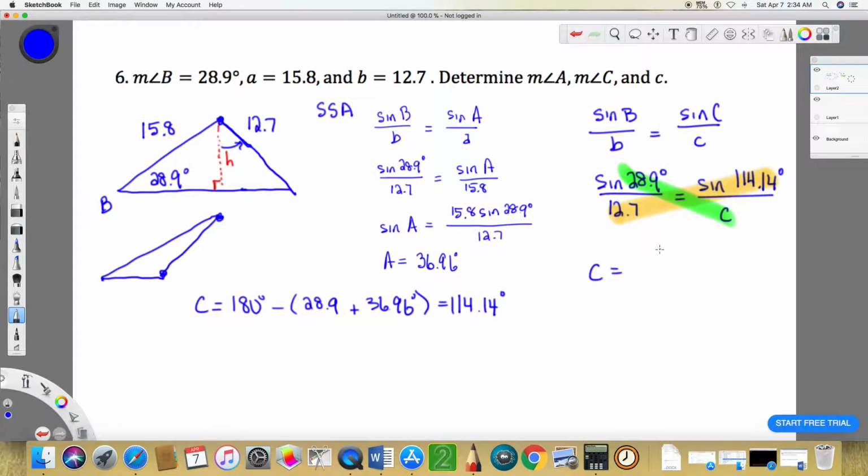We get this 12.7 times the sine of 114.14. Along the green diagonal, I multiply those, but then I'm going to immediately divide by the sine to get the C by itself.